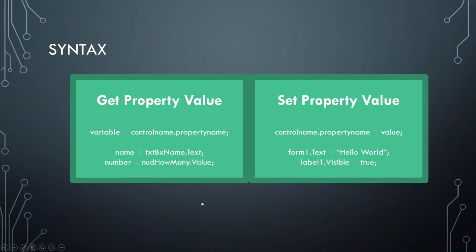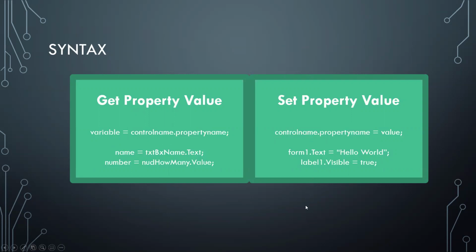So if we want to get the value, we are going to have a variable to hold the value, followed by an equal sign, followed by the property name that we want to get. If we want to set a property value, we're going to have the name of that property, followed by the equal sign, followed by the value we want to set it to.